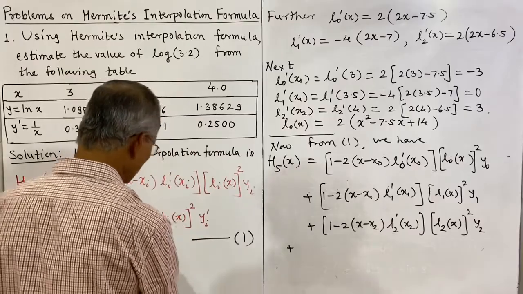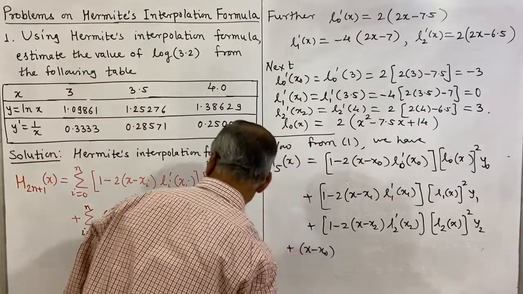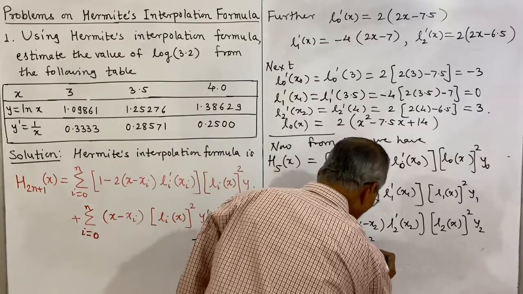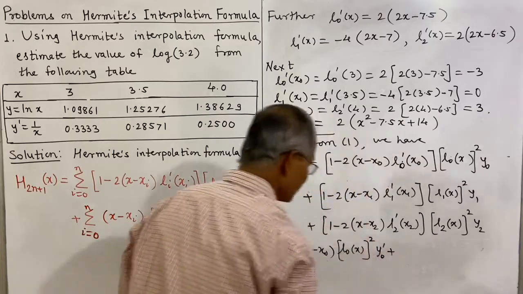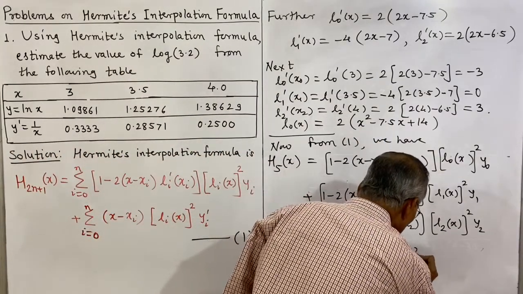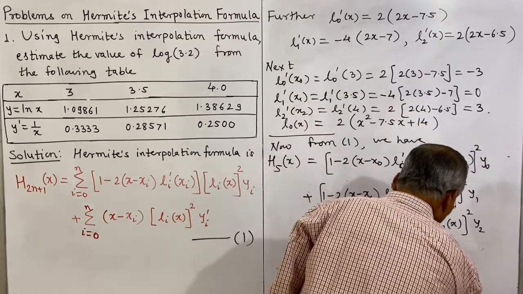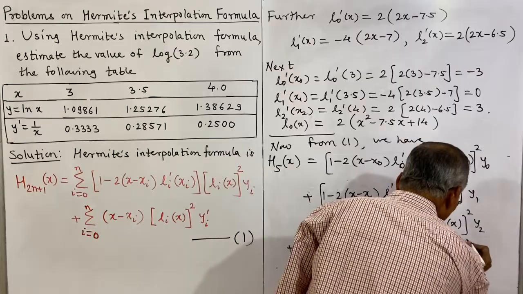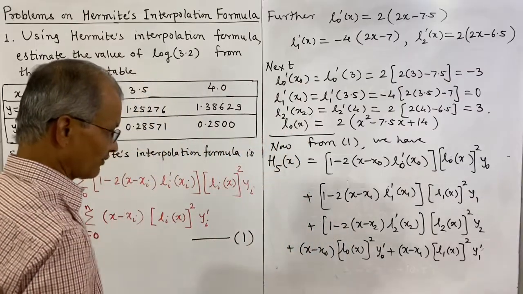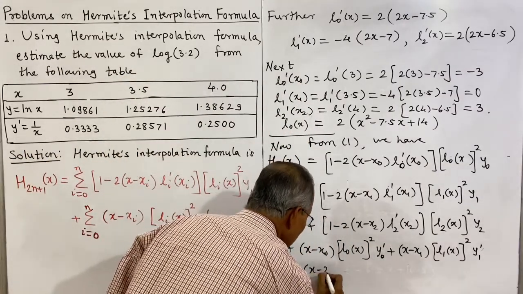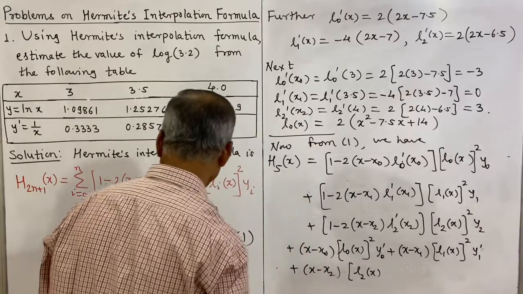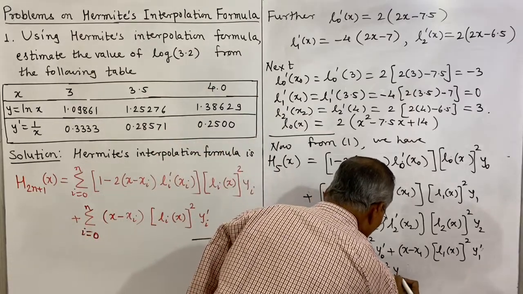So this is, i is 0 first, (x minus x naught) L naught(x) whole square, y naught dash, plus I shall write the second term further, (x minus x1) L1(x) whole square, y1 dash, here it is a derivative, and the last term will be (x minus x2), i is 2, L2(x) whole square, y2 dash.